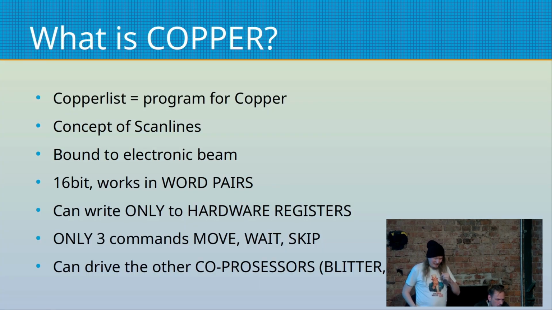In a nutshell, Copper is a 16-bit processor, but it always reads 2 words, and each word is, of course, 16-bit. The programs for the Copper are called Copper lists. For many of us retro people, the concept of a scanline is so obvious that we are pretty bad at explaining what it is.